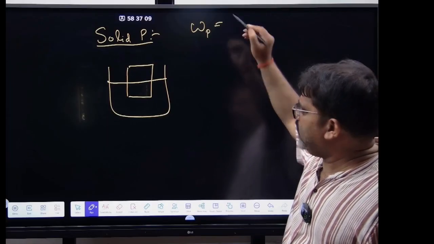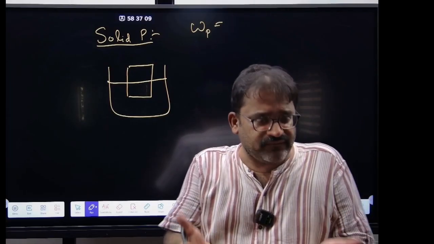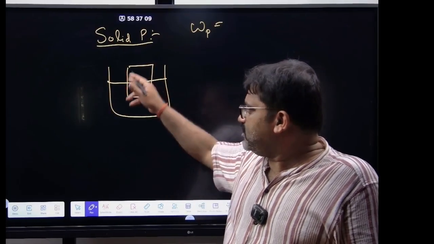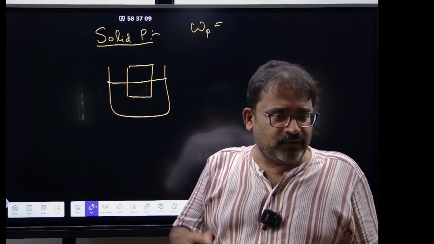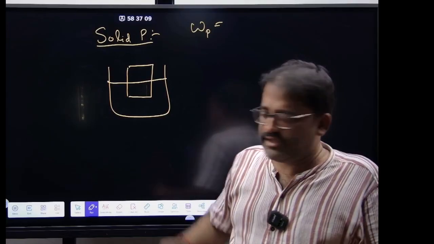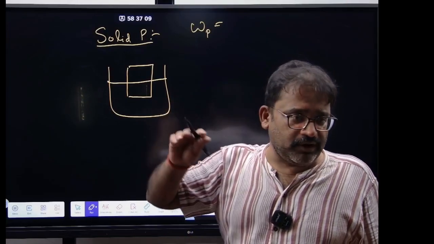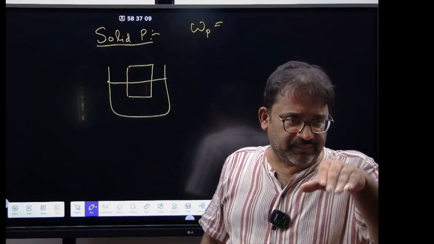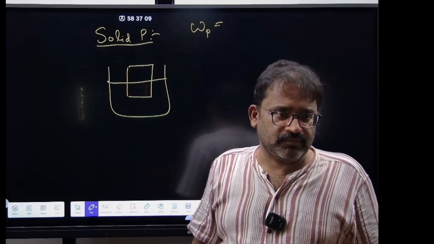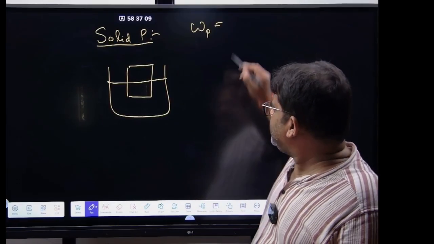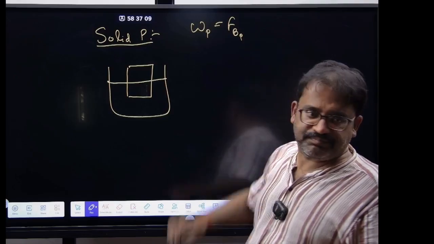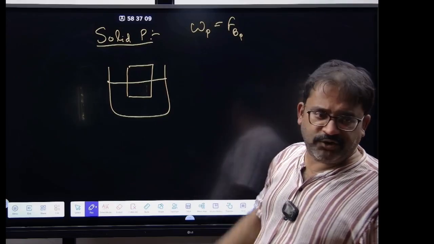And the second is the force of upthrust given to this object, such that 50% of the body can only go inside and the remaining 50% should remain outside. That means the buoyancy force on P.